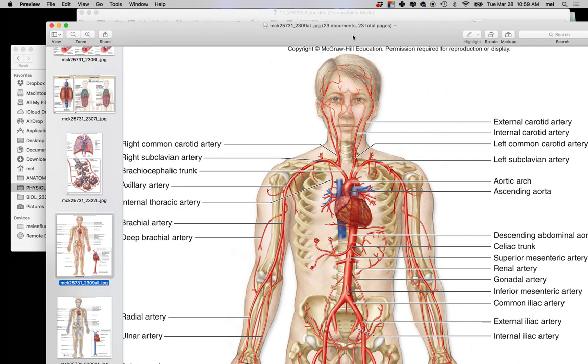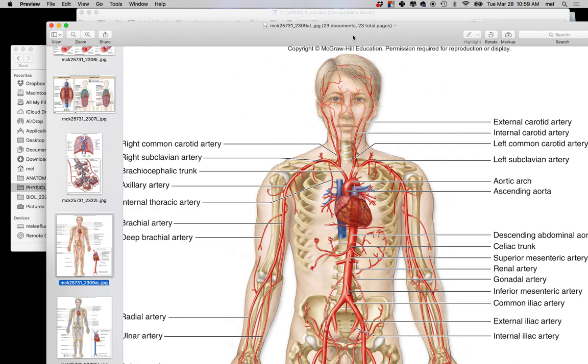It's delivering blood to the right arm and the right side of the head. Yes? This one right here is called the left common carotid. Now, carotid doesn't say head, but you know where the carotid canal is, right? So that's going to tell you it's going to the head. And then this one is called the left subclavian because it goes under the clavicle to the arm.